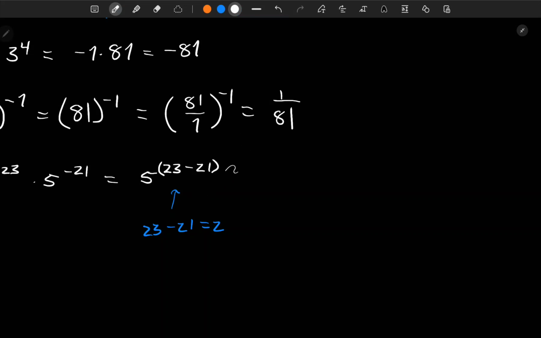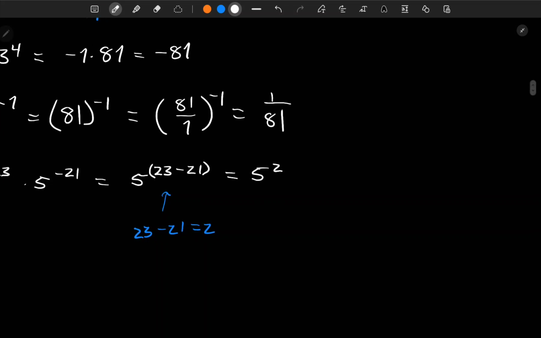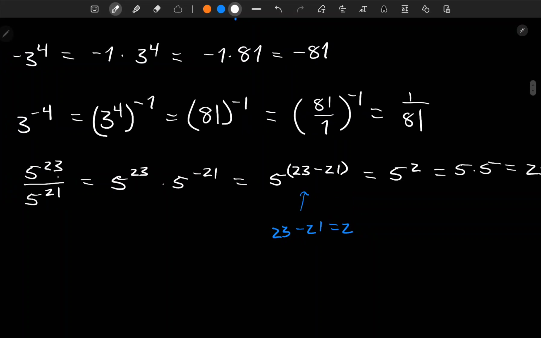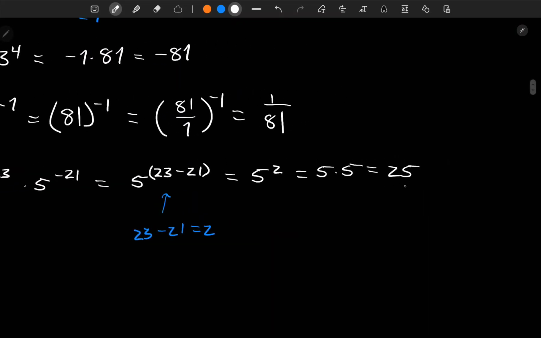So, this should be equal to 5 to the second power, or 5 squared, which is equal to 5 times 5, which is 25. So, 5^23 over 5^21 is equal to 25.